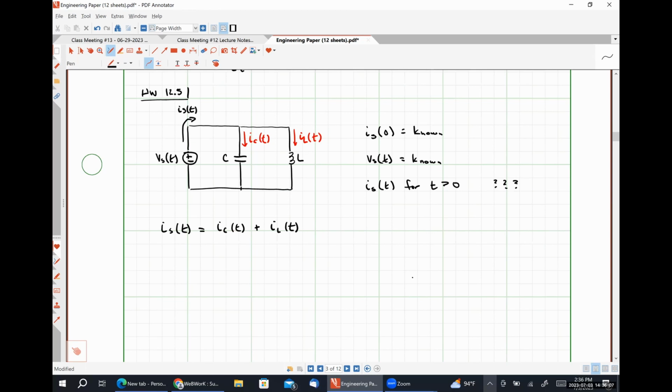Since I know the voltage drop across my capacitor, I can say that IC is simply C times the derivative of the voltage drop.